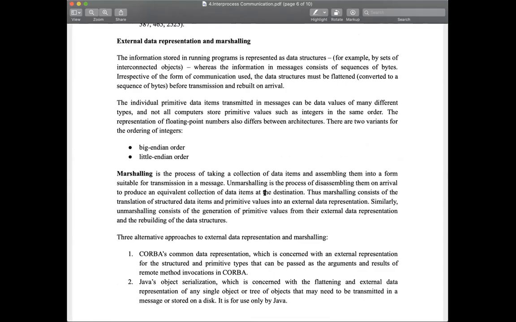Basically an object itself has a data structure, some kind of data structure being managed at that process level, right? That's the idea of an object. It's actually a data structure. So how are we going to communicate that data structure between two processors in terms of interprocess communication?